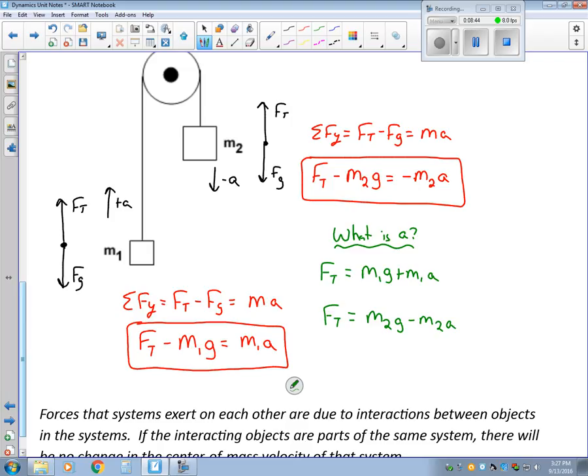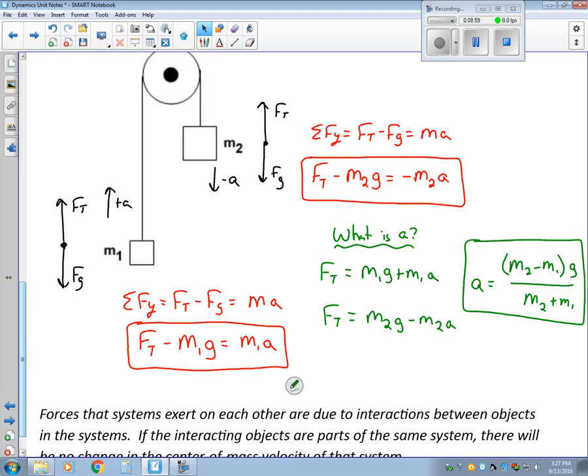And again, what you would come up with is the acceleration equals M2 minus M1 times g, over the sum of the masses, M1 plus M2, on the bottom. Again, I'll leave it up to you to work out that algebra. It's not hard. It's very, very simple.